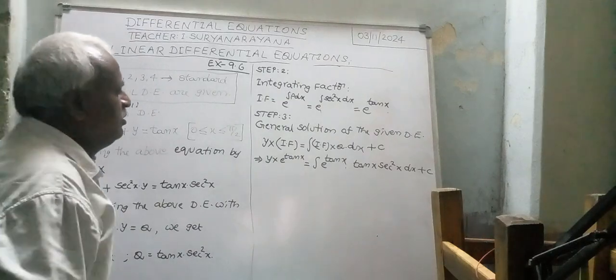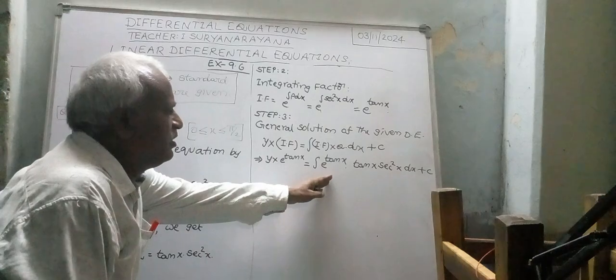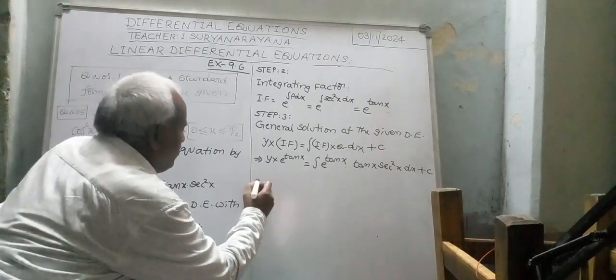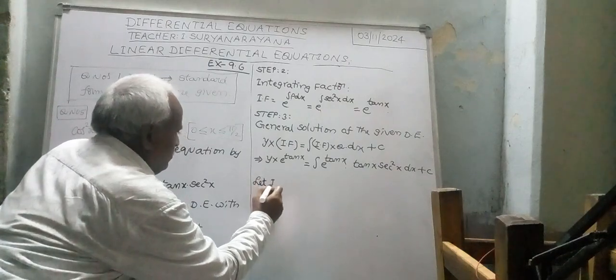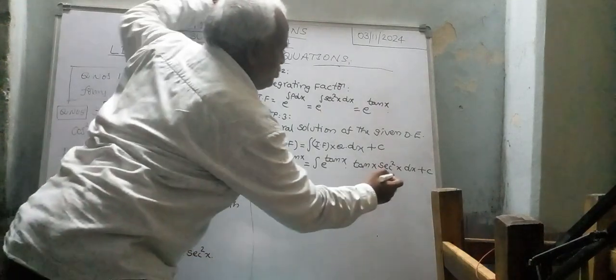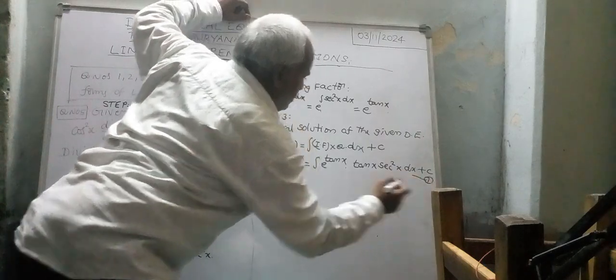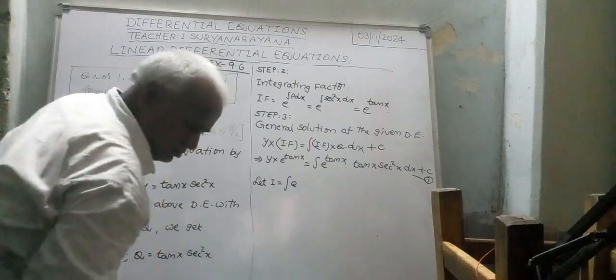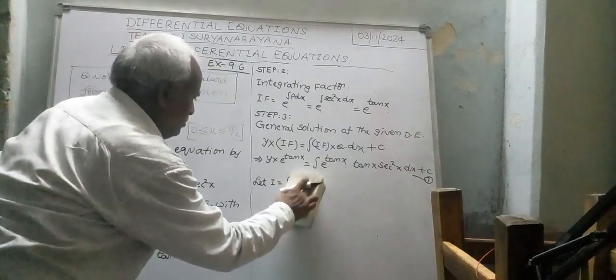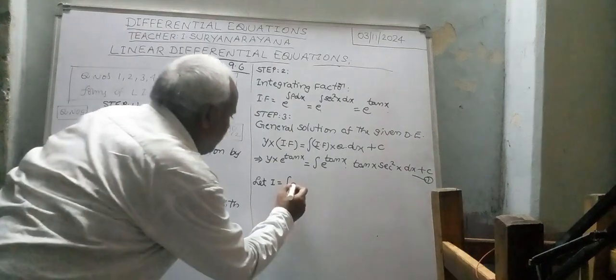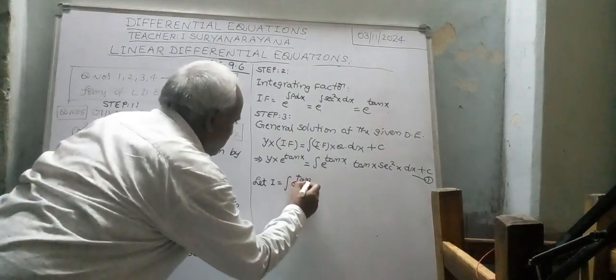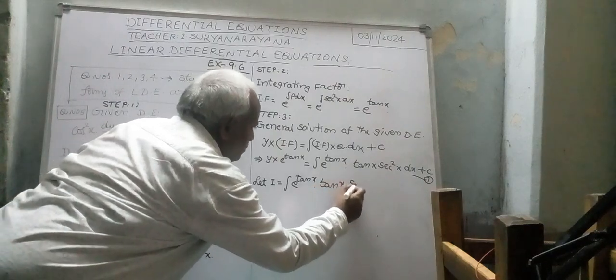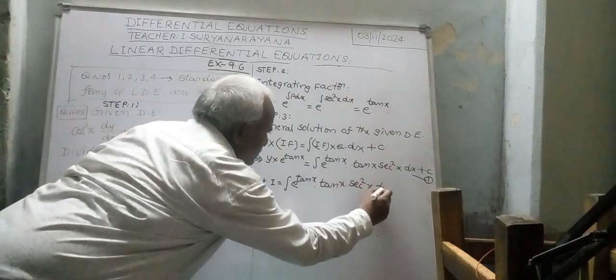Let us assume this is equation 1 and we take this as I. Let I is equal to integral e power tan x into secant square x dx.